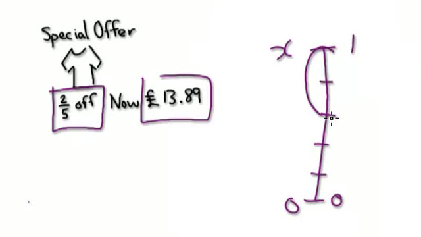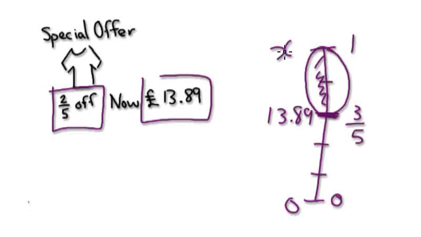The shopkeeper is saying, oh, you don't need to pay these 2 bits, but you do need to pay the rest, 3 bits here, and the final price is here. Okay, so work out x.